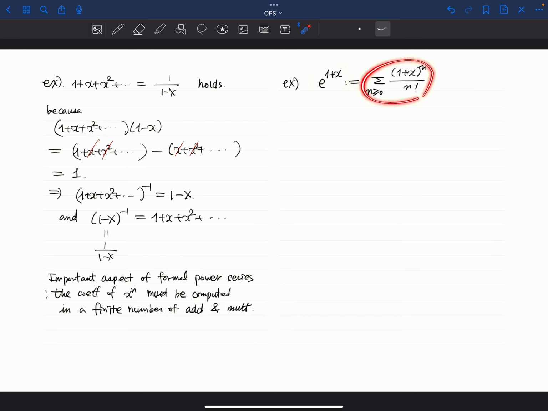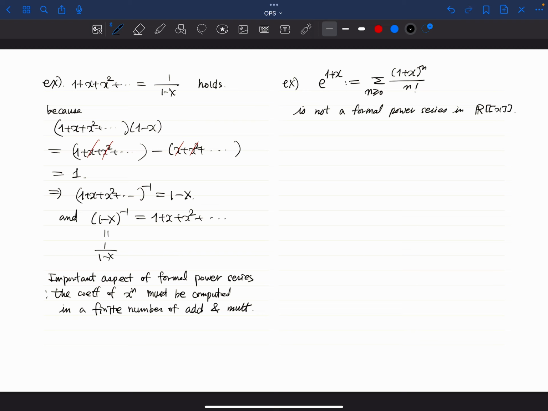So let's consider this infinite series. This is not a formal power series in the ring of formal power series with real coefficients. Why?